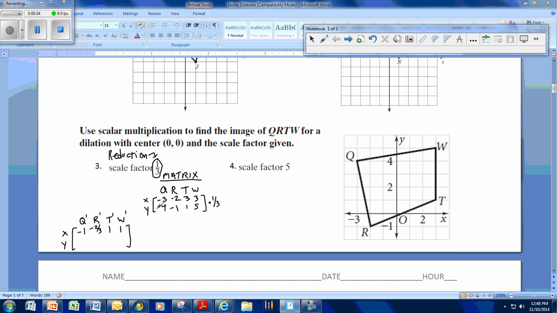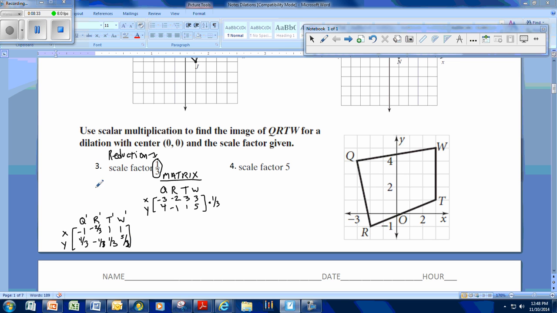And I'm going to do the same thing with the y coordinates. 4 divided by 3 is 4/3. -1 divided by 3 is -1/3. 1 divided by 3 is 1/3, and 5 divided by 3 is 5/3.